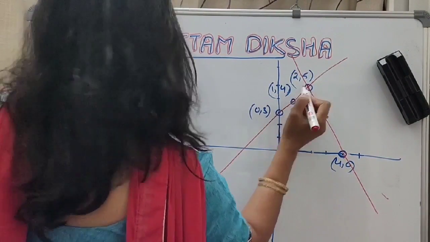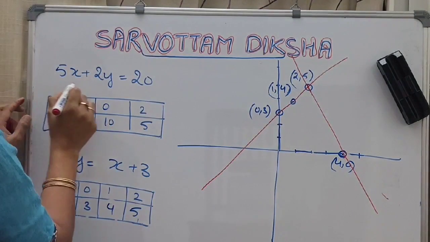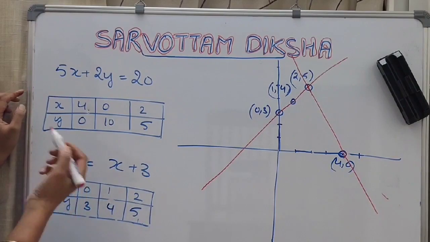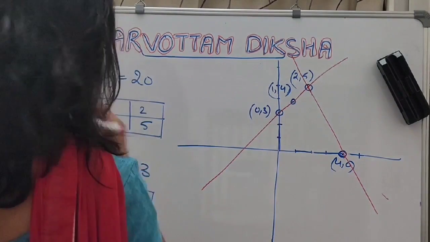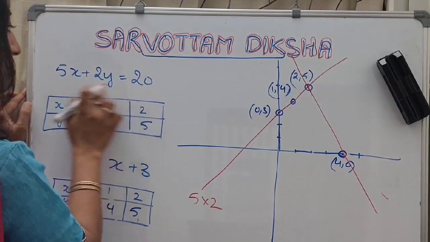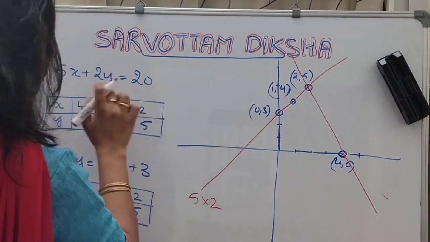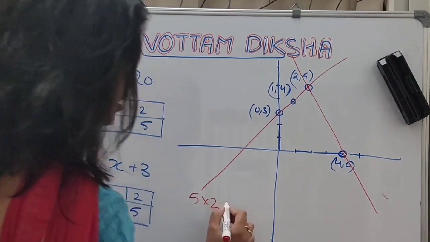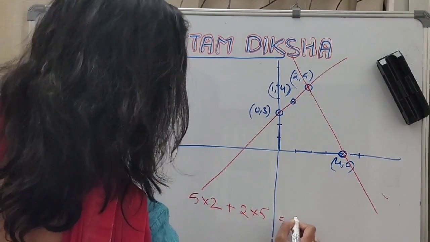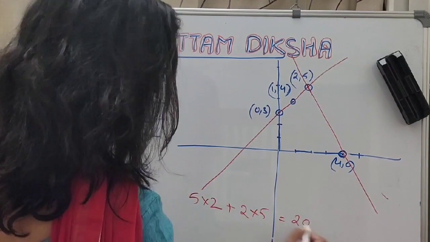So I took this as my two rides. The number of times I have taken my first ride is 2, which satisfies this equation, and the number of times I have taken my second ride is 5. So actually I had spent my 20 rupees, which is coming out here.